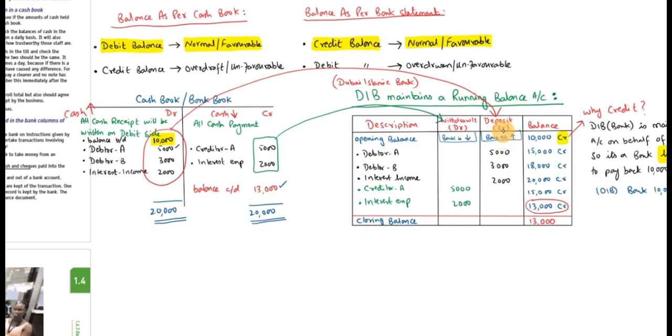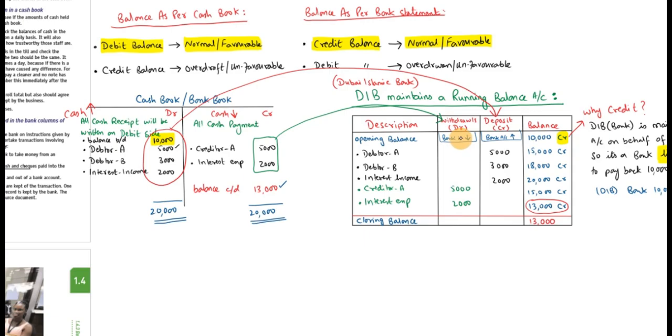Credit means we have deposited more money in our bank account. So the liability of the bank will increase if we deposit some amount in our bank. Got it? And if we withdraw some amount from our bank, the liability will decrease.